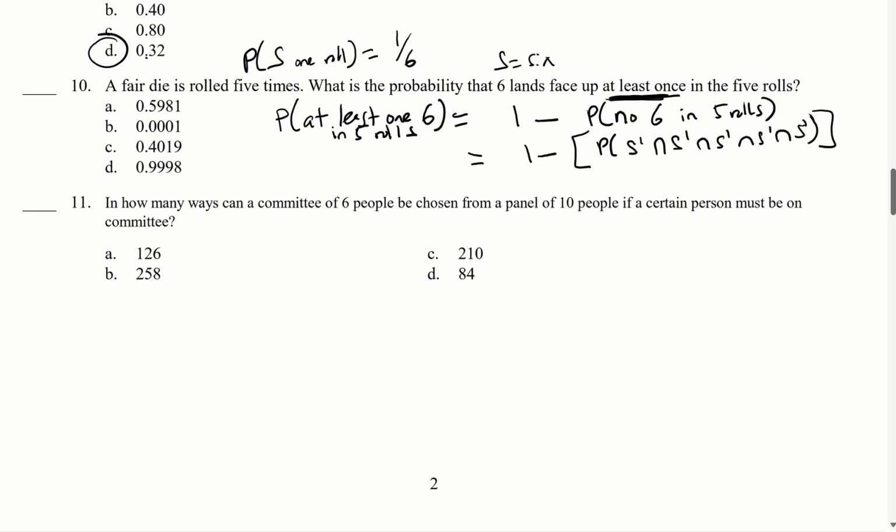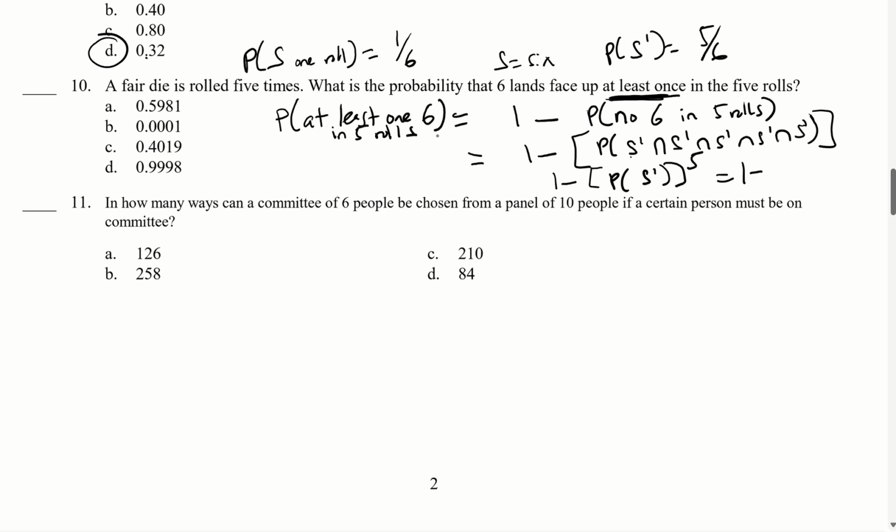Well, the probability of no 6 is 5 out of 6. So then it's just multiplying 5 out of 6 a bunch of times. So basically it's just this to the fifth power.